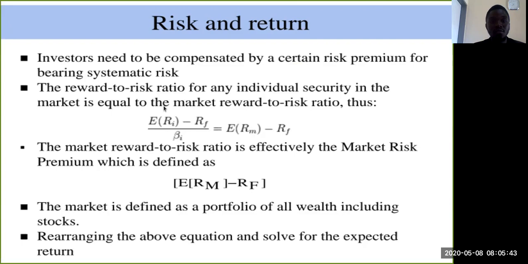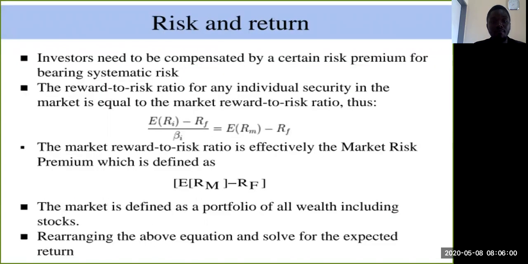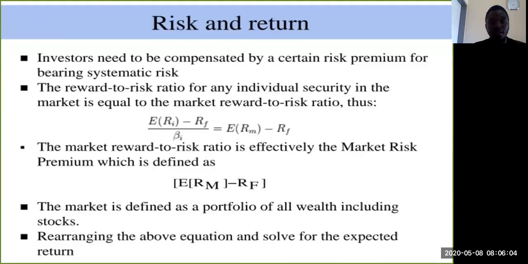The reward to risk ratio for any individual security in the market. So here we are looking at the reward, the premium that will be given to you for bearing a given risk. That is what we are looking at.